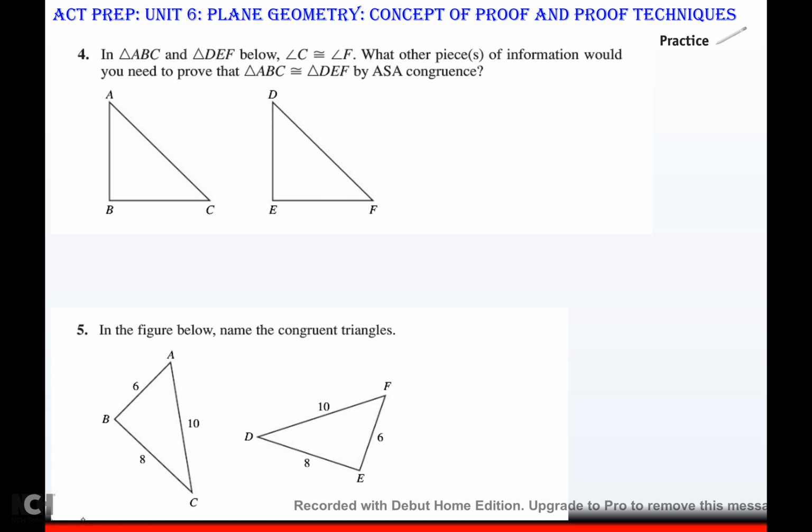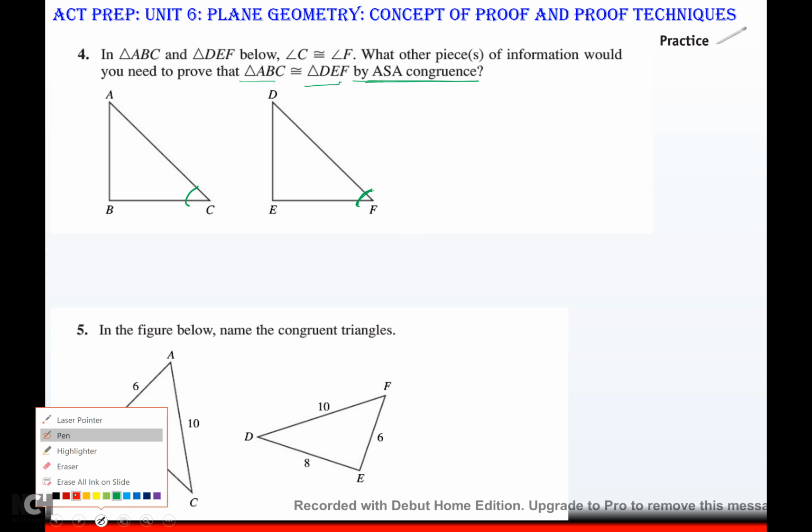Alright, so number 4 says in triangle ABC and DEF below, angle C is equal to angle F. And what other piece of information would you need to prove that triangle ABC is congruent to triangle DEF by angle side angle congruence? Well, you know this angle. So if you're trying to do angle side angle, you'd have a couple of choices here.